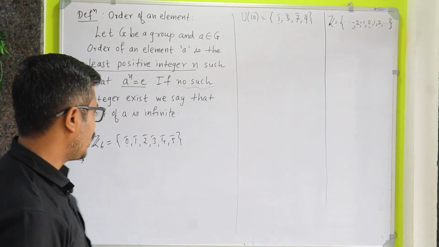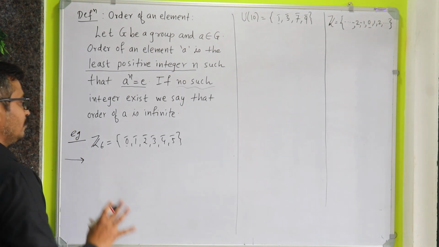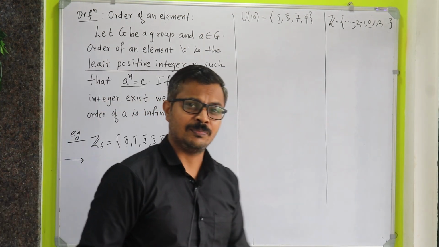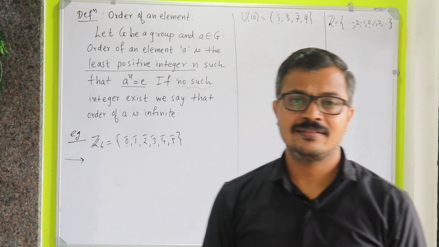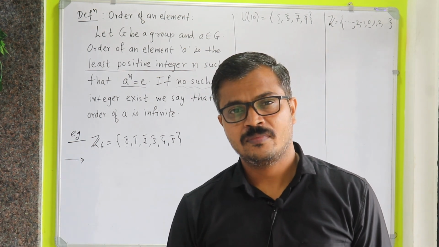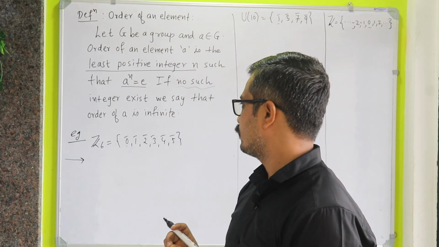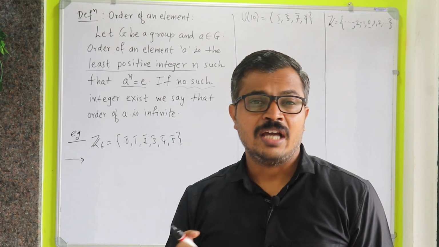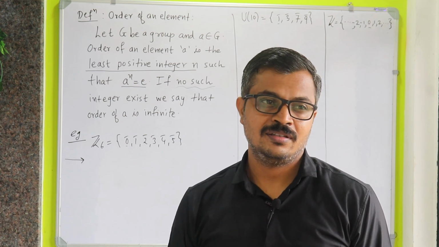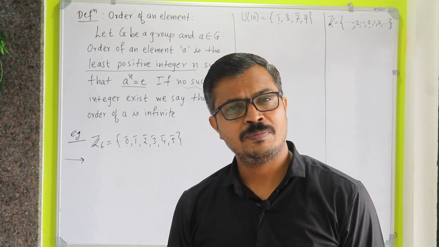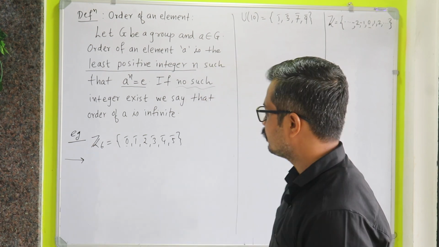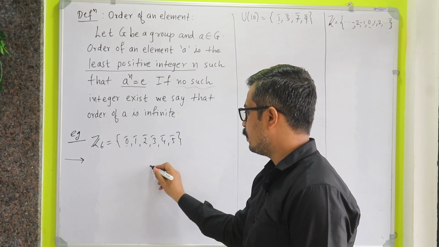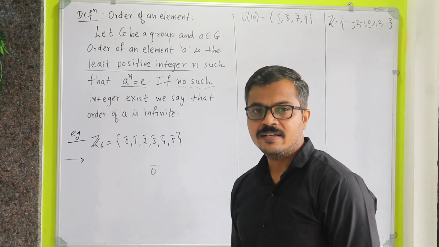So let us try to find the order of some elements in some groups. We will take Z6, U10 and Z. Note the order of the identity element. Can you guess what will be the order of the identity element? Let us say I take 0 bar from Z6.